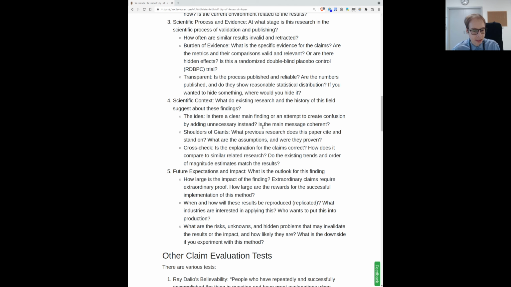Is there a clear main message which is coherent? What previous research does this paper cite and stand on? What are the assumptions of the paper that are or are not proven? Can we cross-check?